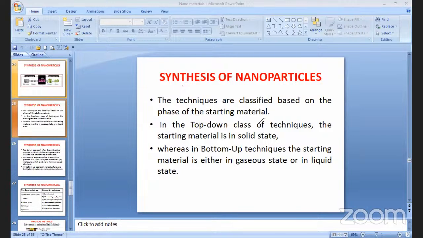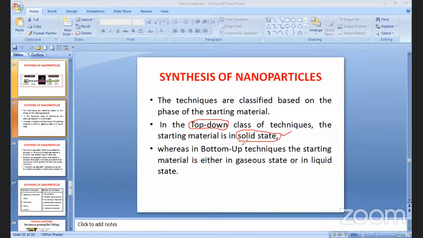In the case of the top-down technique, whichever we use to make nanoparticles, the starting material will always be in the solid state. So this is what you have to note down. Mostly the starting material will be solid-state material.